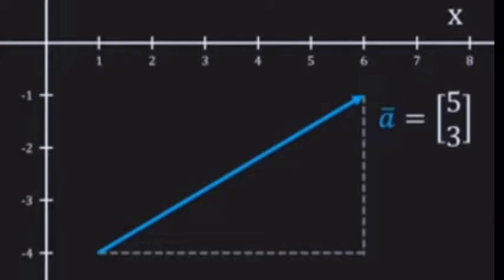So, although it's not in the origin, we can still locate that. But, instead of saying vector A is that arrow, we can just say vector A is equal to 5, 3. So, yung 5, 3 dyan, pwedeng horizontal or pwede ring vertical.